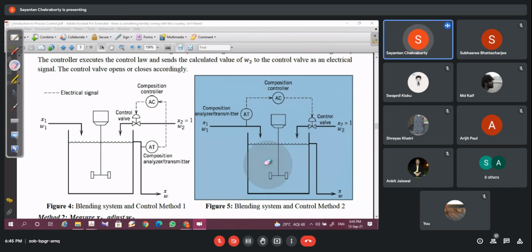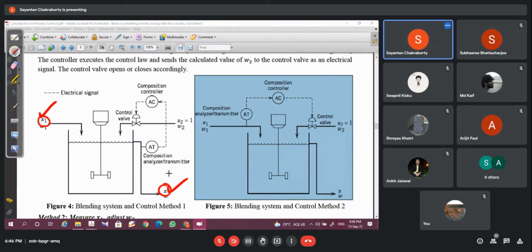And last but not least, that is obviously not a control part, but any change in x1 will be reflected in x, right? Now, if you can make the capacity of this tank very large, say increase the capacity by 10 times, then the effect of x1 on x will be very, very small.